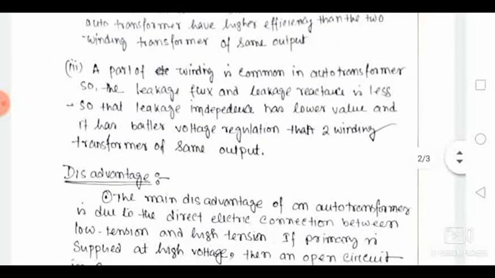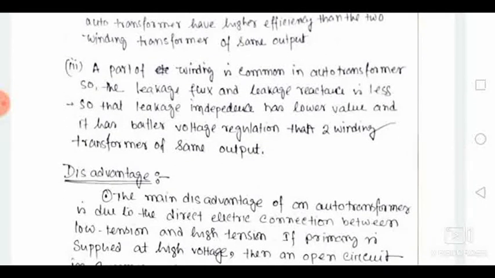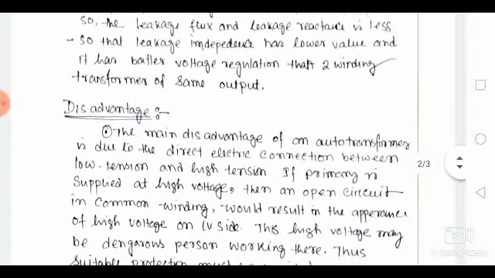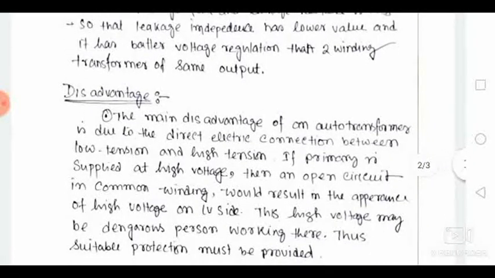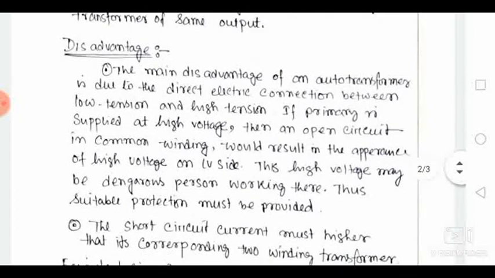Now the disadvantage of the auto transformer. The main disadvantage of the auto transformer is due to the direct electric connection between low tension and high tension. If the primary is supplied at high voltage, then an open circuit in the common winding would result in a high voltage on the low voltage side.